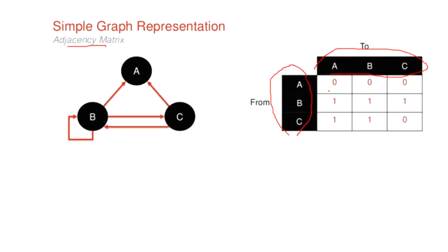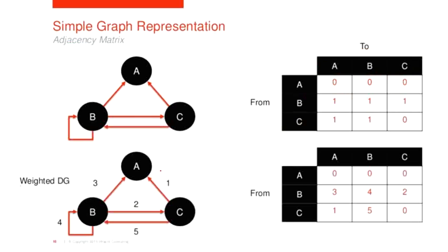Every time there exists an edge between any two of these nodes, I'll place a 1 signifying the presence of that edge. So when we represent a graph with an adjacency matrix, we have all the nodes in the rows and all the nodes in the columns, and to represent the connection we place 1. Where 1 exists there is a connection; where it doesn't exist, there is no connection.